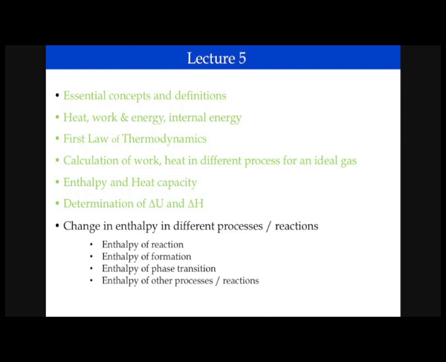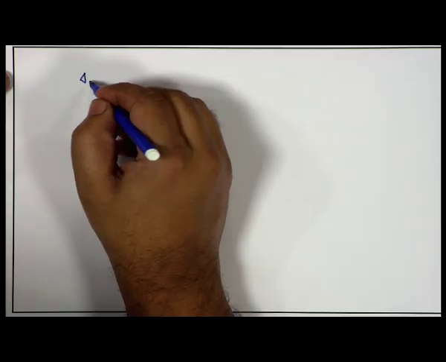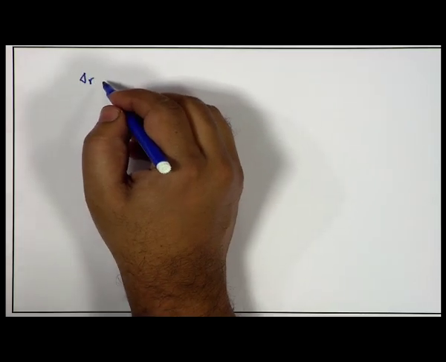Then we started finding out delta H, the enthalpy change in a process, mainly in chemical reactions. Let us go back and recap the enthalpy of reaction that we found in the last class.